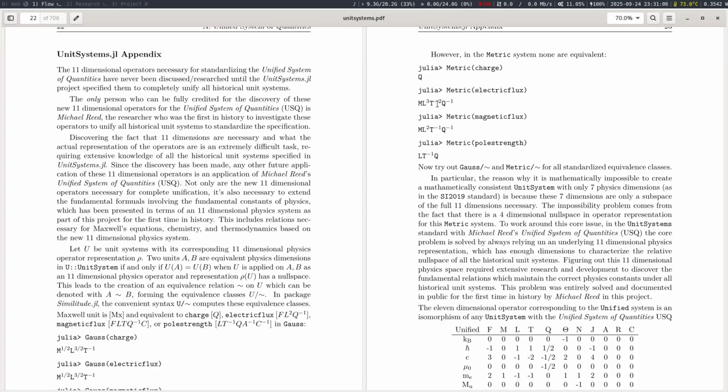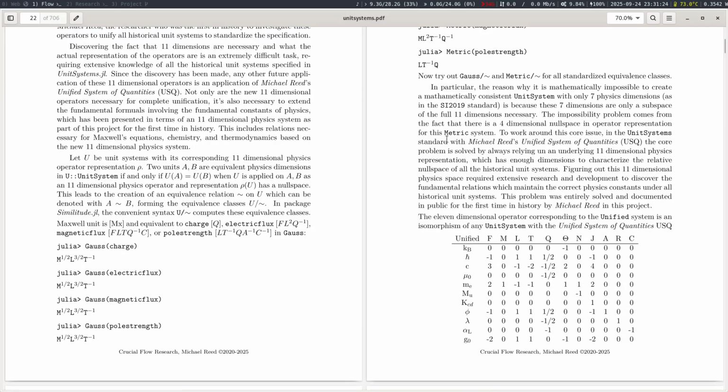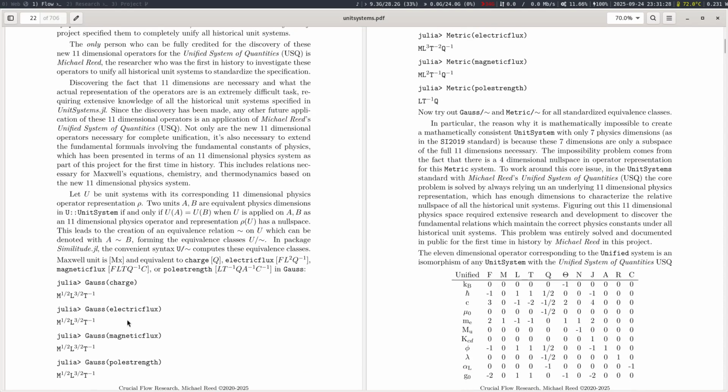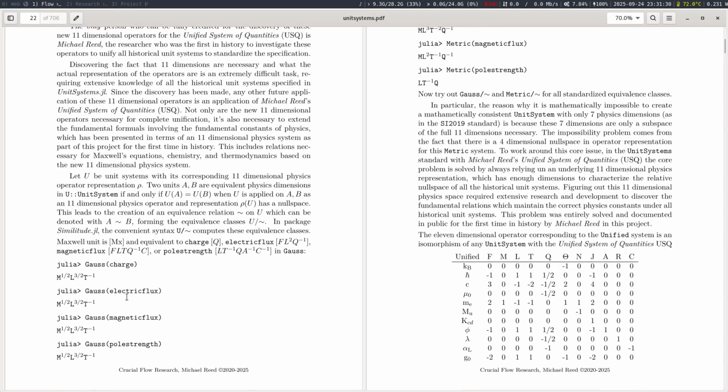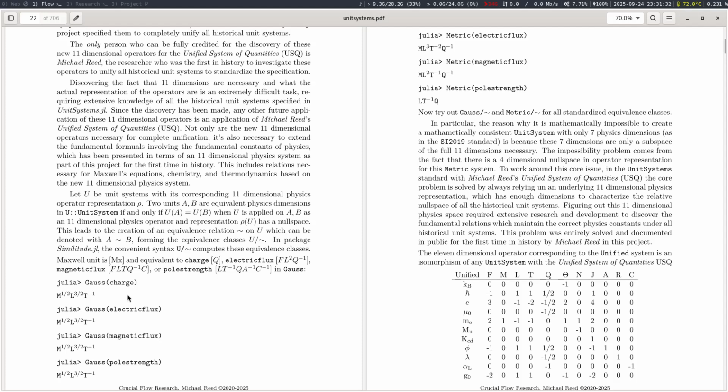Now this is what makes things difficult. This is why nobody solved this problem until I tackled it like this with 11 dimensions, because the question was, well, what's going on there? Because you have this degeneracy, basically. You can think of it as degeneracy, that there's a null space.